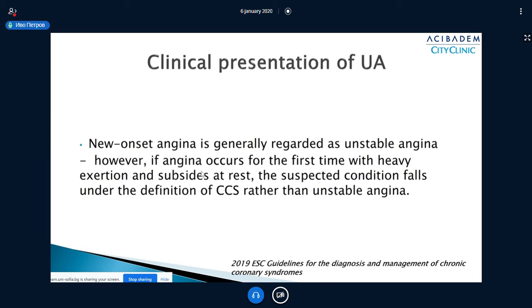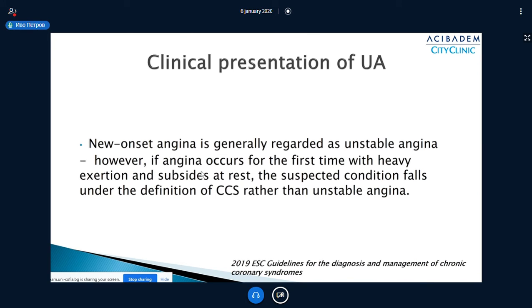We have spoken already about the characteristics of chronic stable angina. So the most important feature of unstable angina is destabilization of the angina itself.